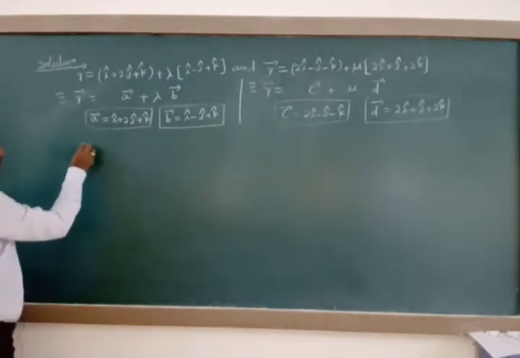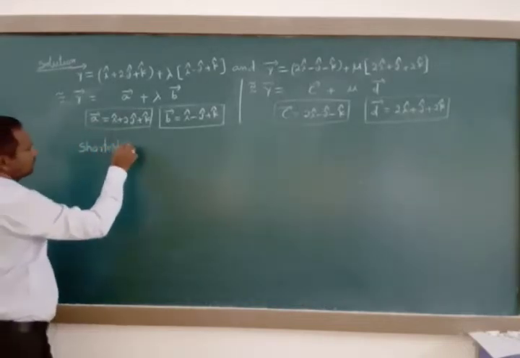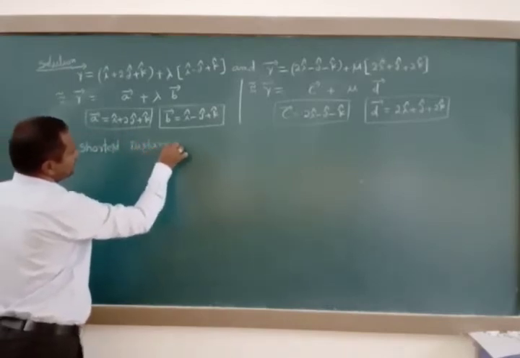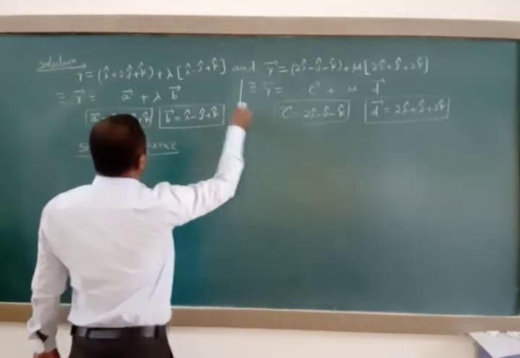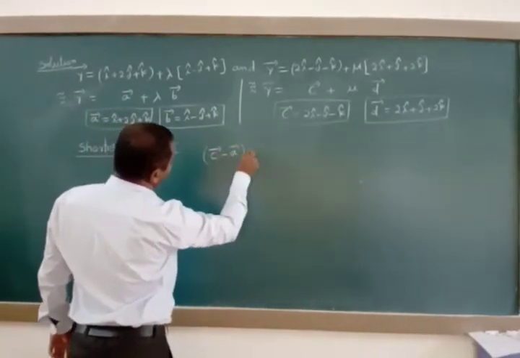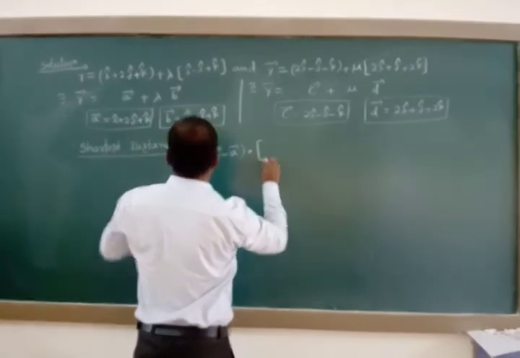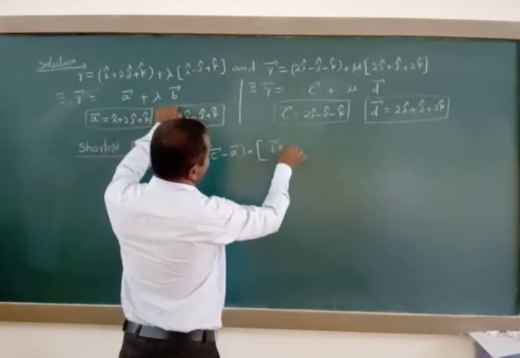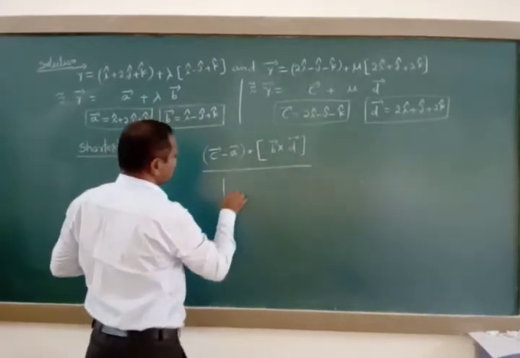The shortest distance is equal to modulus of c vector minus a vector dot b vector cross d vector, whole divided by the magnitude of b vector cross d vector.